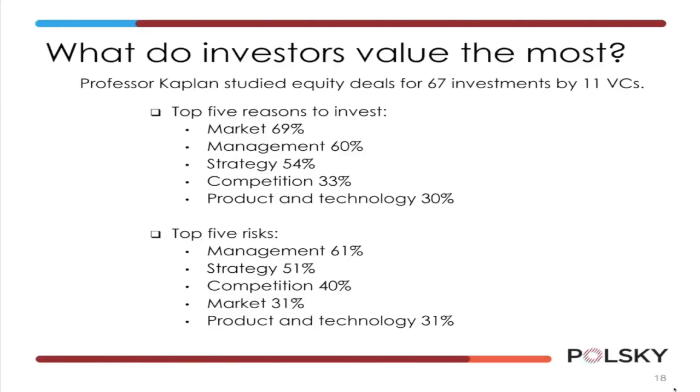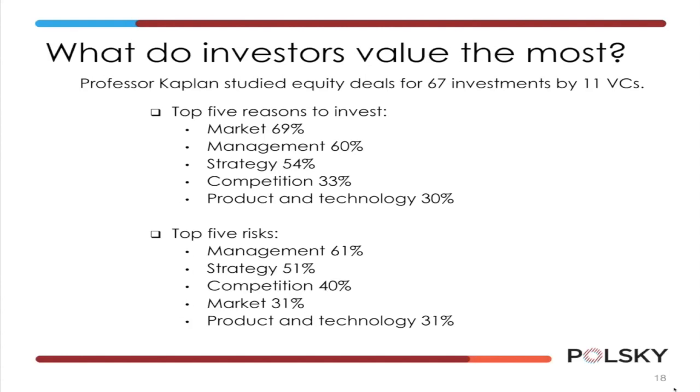All right, so I know I've thrown a ton at you, and it's a lot to think about. Hopefully it will structure a lot of the work you're doing. When it comes right down to it, the things that make investors invest are really market, management, and business model.